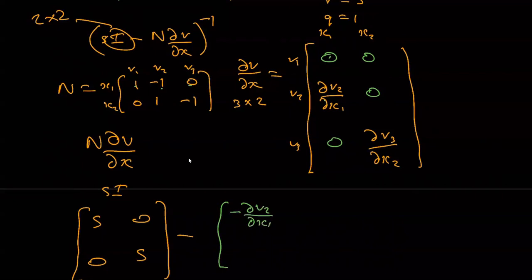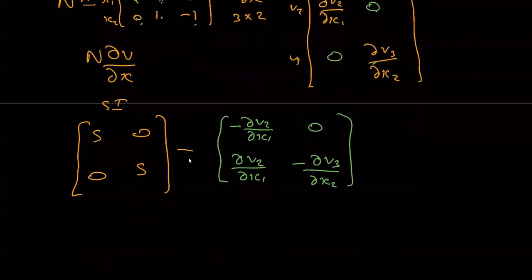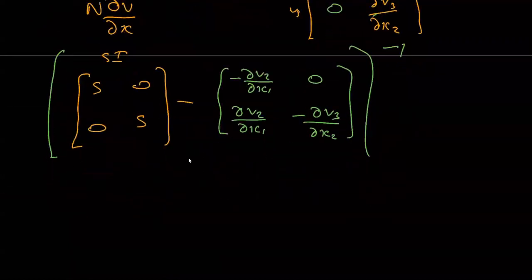The next one: 1 times that plus 0, 0 times that plus 1 times that, that's dv2 dx1. Lastly, that times that minus that times that, so that's minus dv3 dx2. Good. The whole thing has to be inverted because I'm after the determinant.